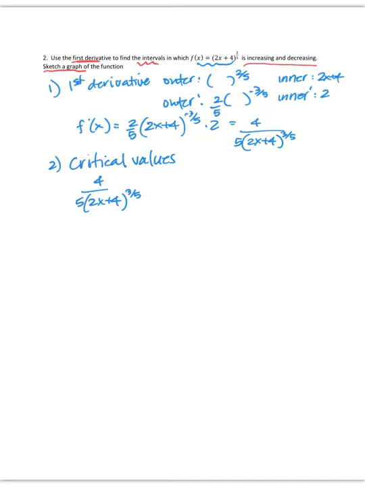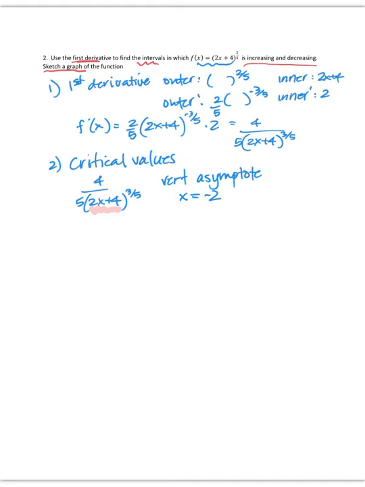This is a situation where we have a vertical asymptote. So that would be a critical value in figuring out what's happening on either side. So my critical value in this case would be -2. And why is that? If you take a look here, the 2x plus 4, where would that possibly be 0? And that is x is equal to -2.